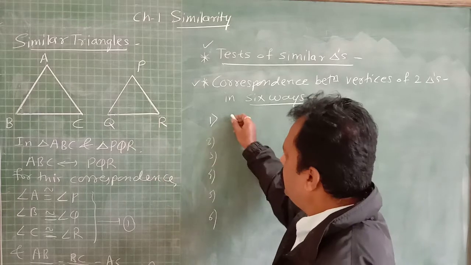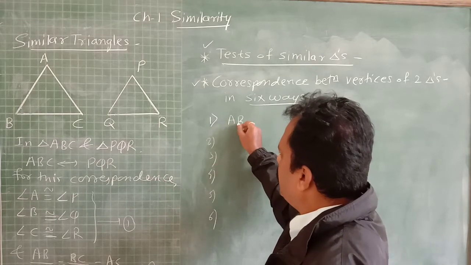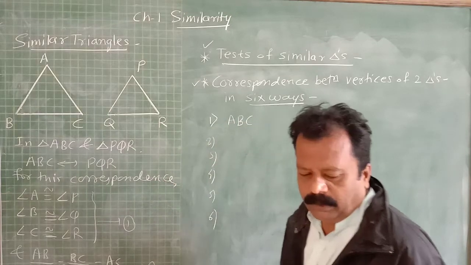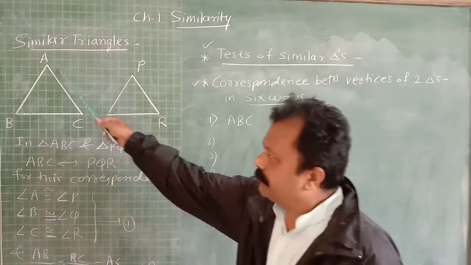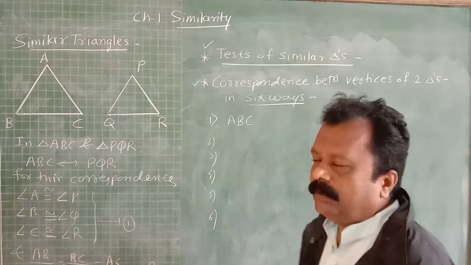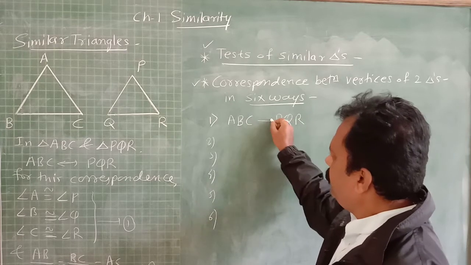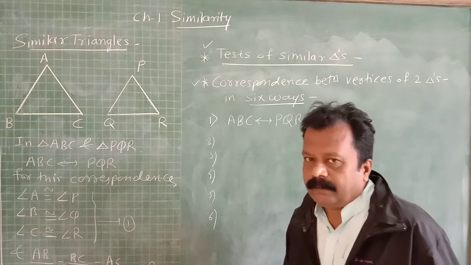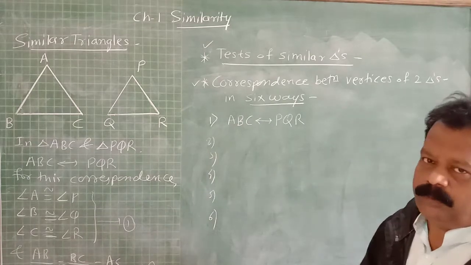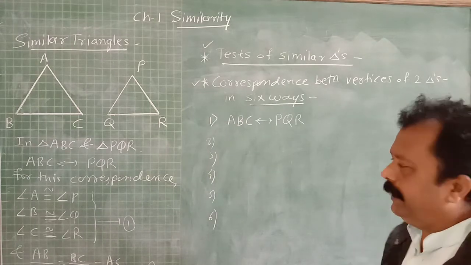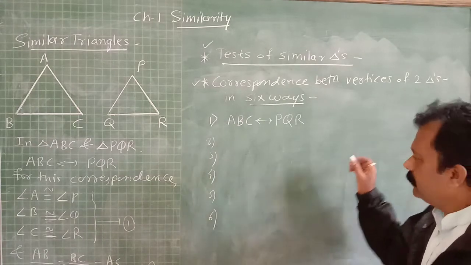Now, how to write it? Triangle ABC means the name of the triangle, anticlockwise I have taken ABC. Then here also take anticlockwise PQR. Between them, write this sign. This is the sign of correspondence. It is in standard 8 of state government.